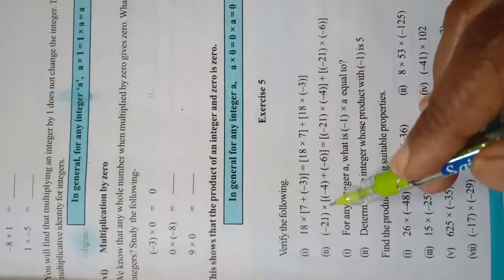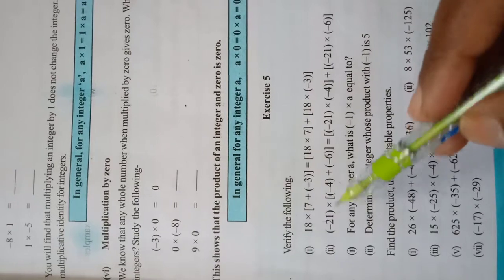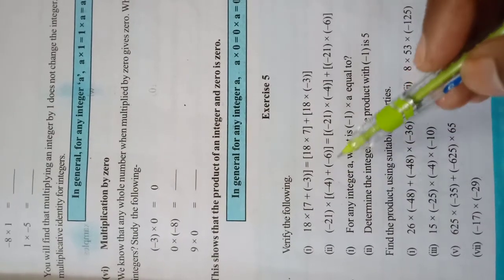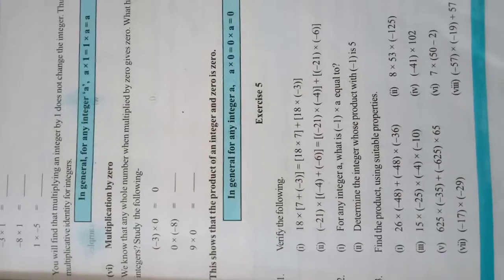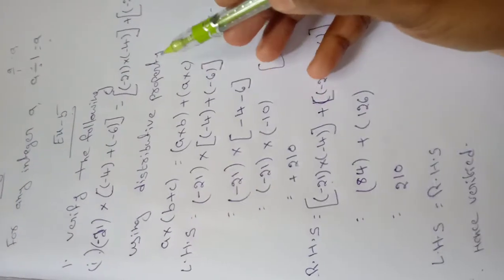First we can observe which property this looks like. A into (B plus C) is equal to A into B plus A into C. Which property is that? The distributive property.